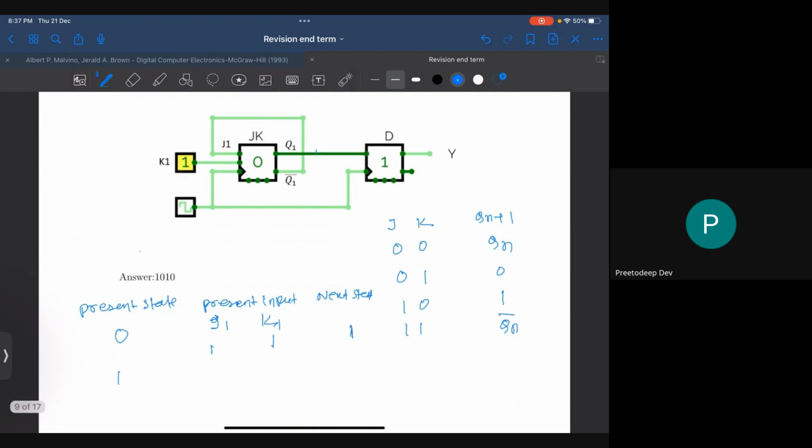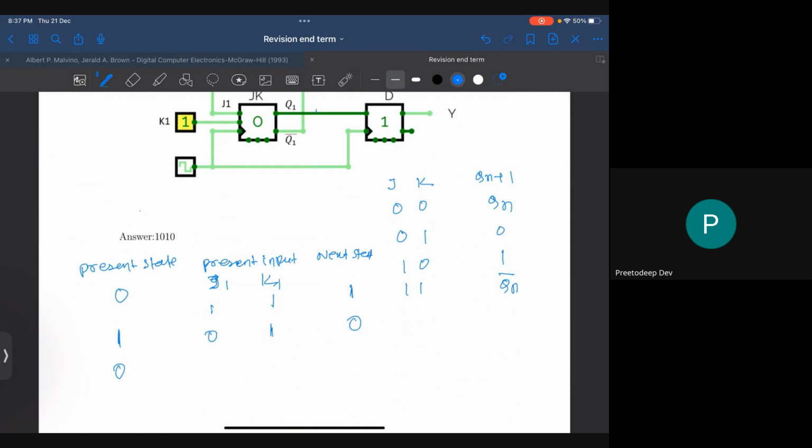Now it's 1. Now we can see that J1 will be 0 because of Q1 bar, and Q1 will be 1. So 0 1, it's 0, right? Now it's 0 again, it will be 1 1, and it will be 1. So you can say that it's repeating, right? So it will be 1 0 1 0, 1 0 1 0.